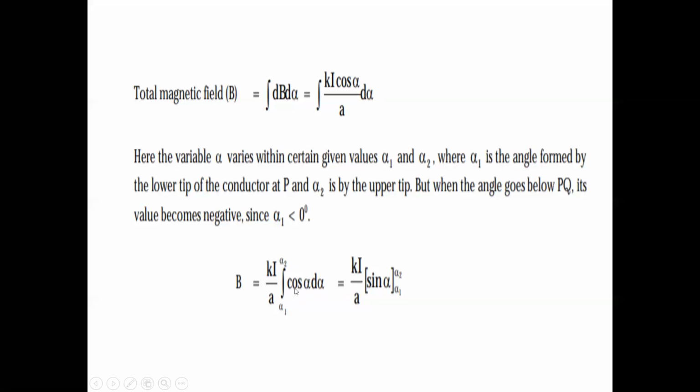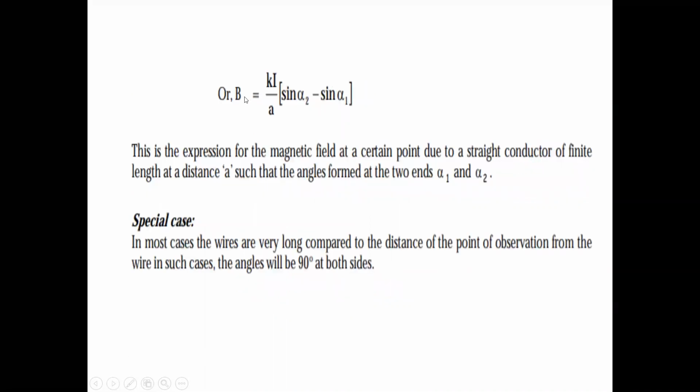The integration of cos alpha is sin alpha, and now applying limits alpha 1 and alpha 2, the B value is equivalent to K i by A times sin alpha 2 minus sin alpha 1.